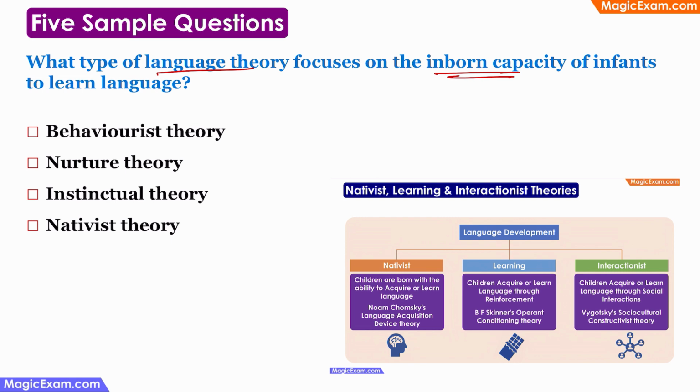In this video, we studied about 3 main types of language development theories, which are nativist, learning, and interactionist theories. And nativist theory says that children are born with the ability to acquire or learn languages, such as Noam Chomsky's language acquisition device theory. So here the correct answer is nativist theory.